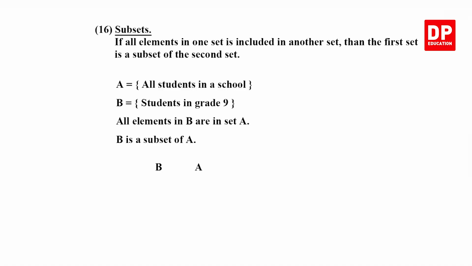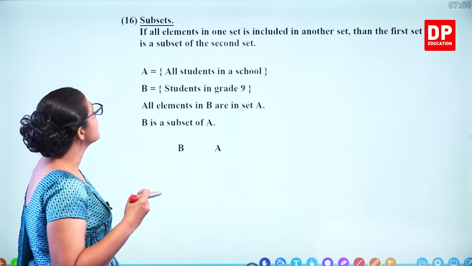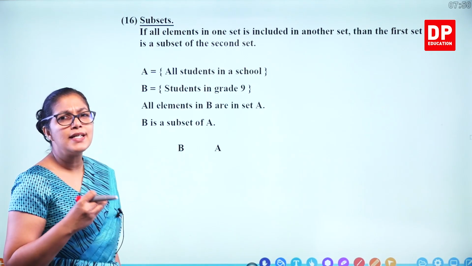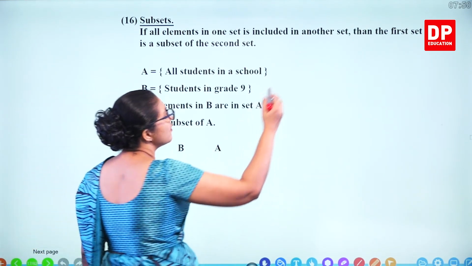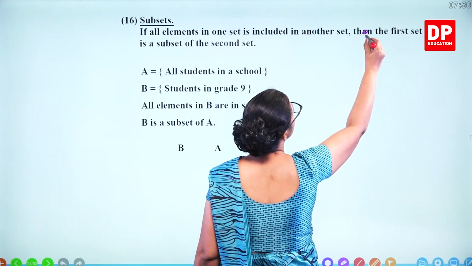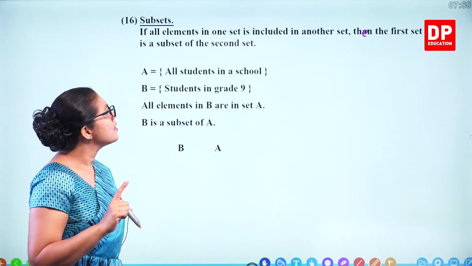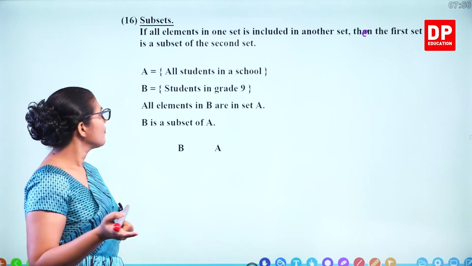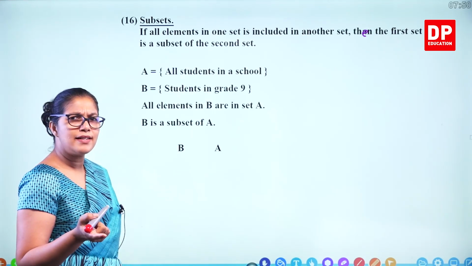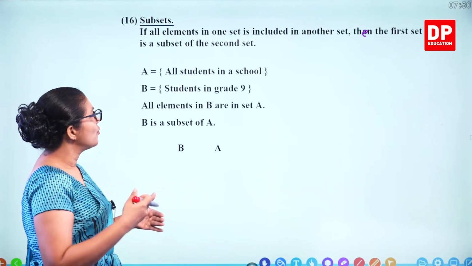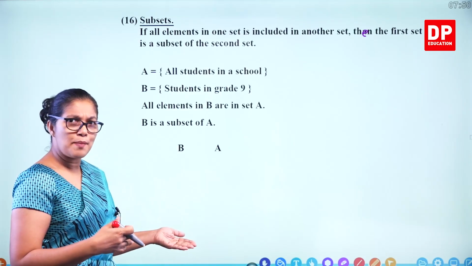So subsets. What are subsets? If all elements in one set are included in another set, then the first set is a subset of the second set. All students in a school. Students in grade 9. So we know those grade 9 students are also in the same school.